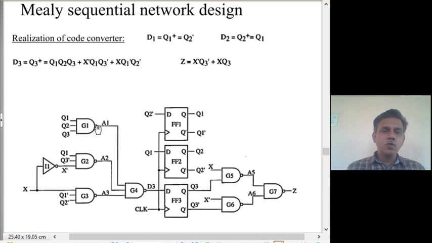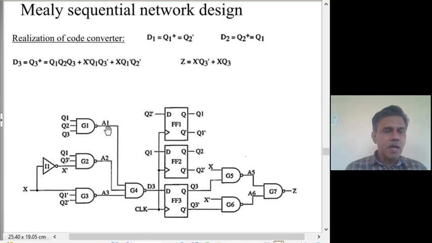Now we have used a NAND implementation instead of an AND OR implementation. You would have probably encountered that an AND OR array can be replaced by a NAND array. These should be AND gates and this is an OR gate, but we can simply replace them by NAND gates and it will work correctly.